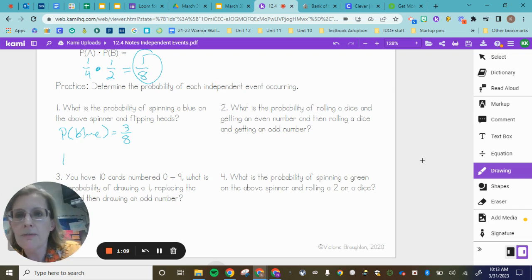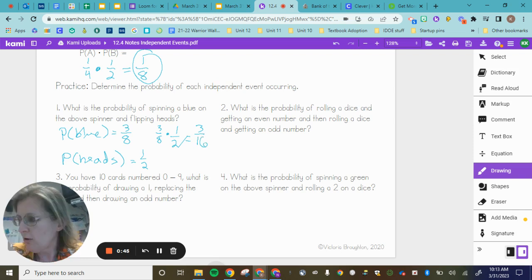And then we have to find the probability of getting a heads, which is 1/2 again. And then we multiply those two things together. 3/8 times 1/2 to get 3/16. So there are 3 ways out of 16 total possibilities in your sample space that you would get both a blue one and a heads.